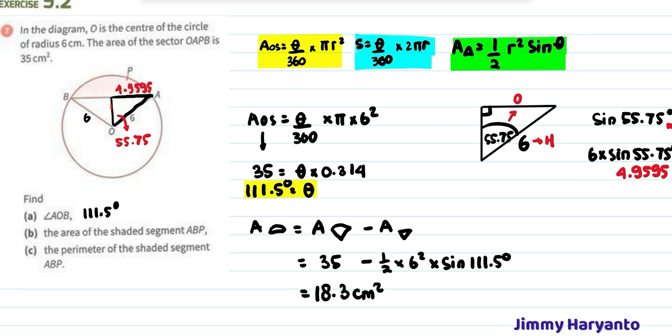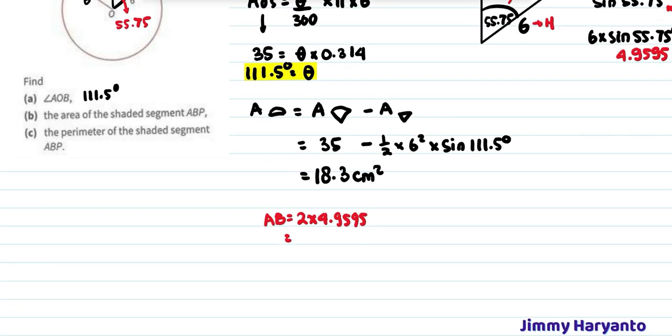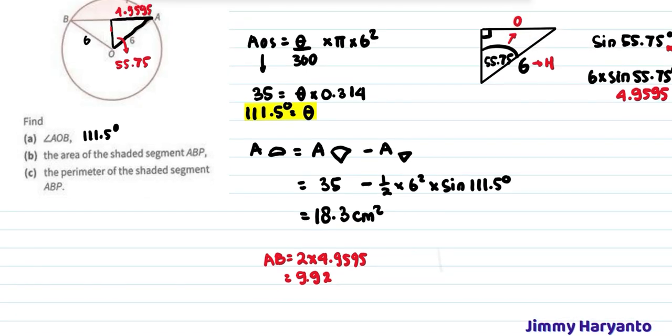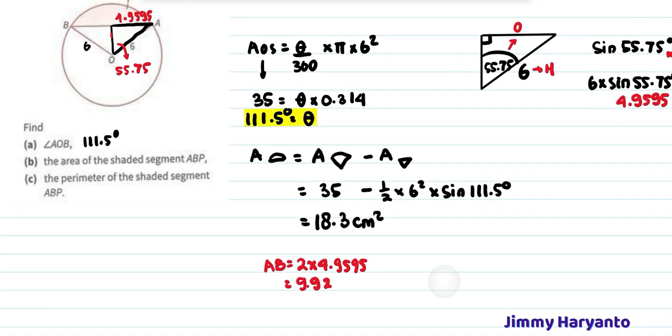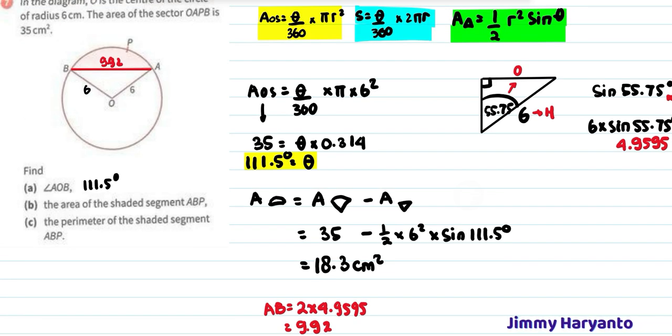That means AB will be 2 times 4.9595, which equals 9.92 in 3 significant figures. We already have that one, so let me erase this. So this one is 9.92.